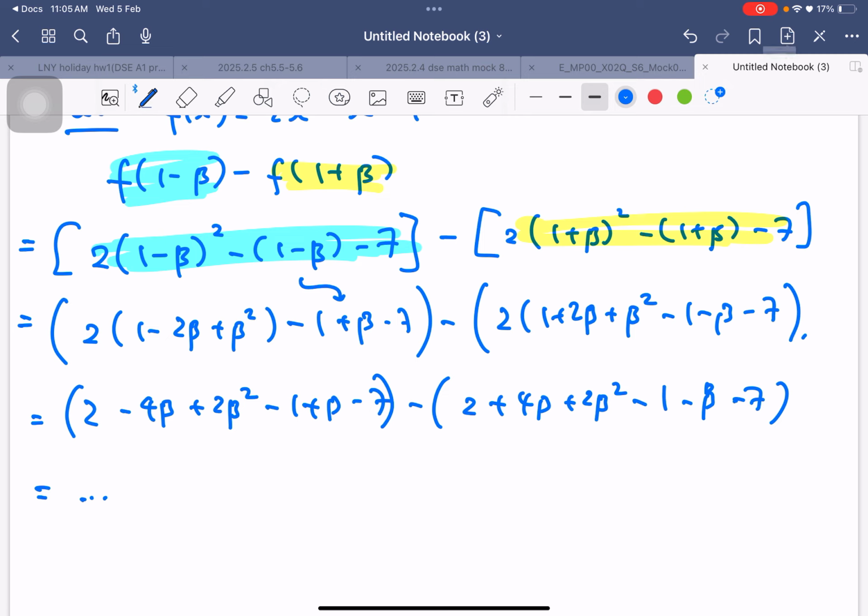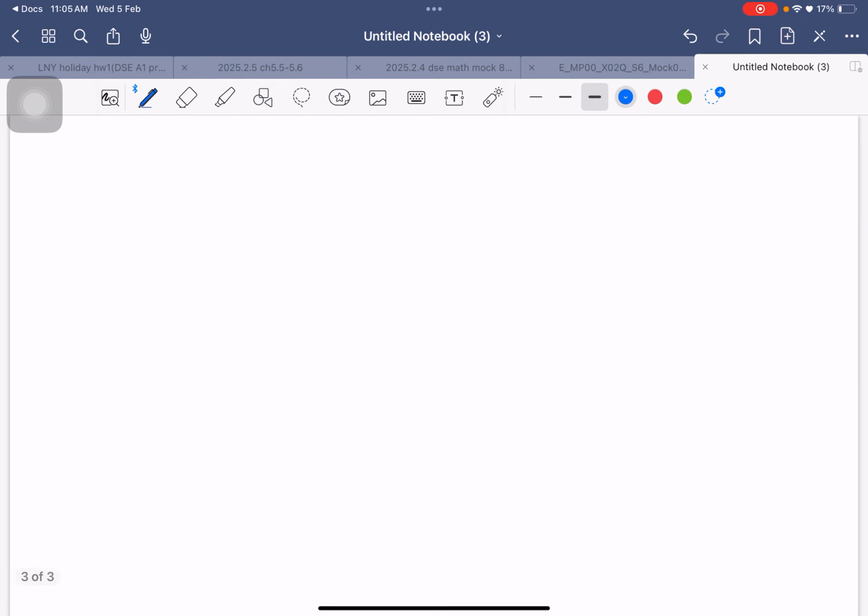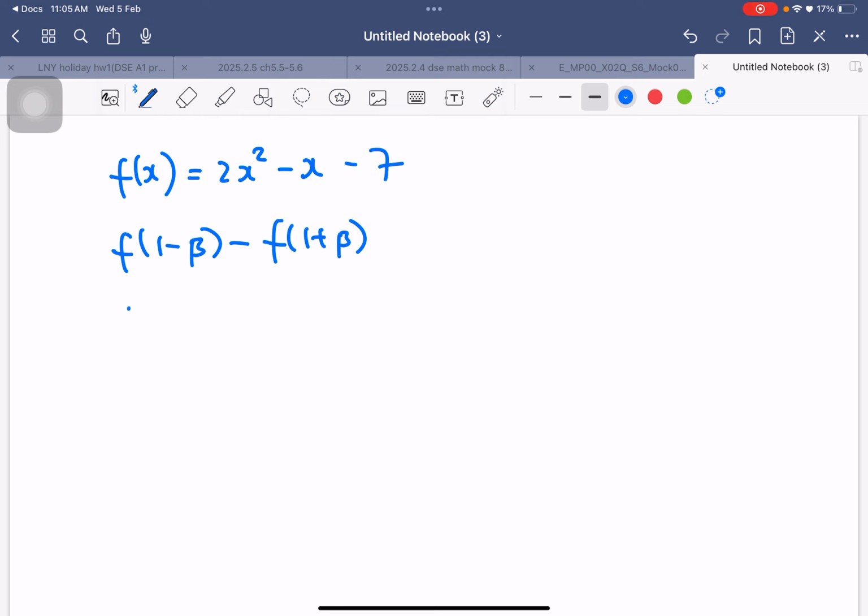So forget this method. Why don't you just use f(x) equal to 2x² − x − 7 and substitute? β becomes any number. So for example, you substitute β equal to 4, or 4 is fine, but why not 1? If this is 1, then it becomes 0, isn't it?